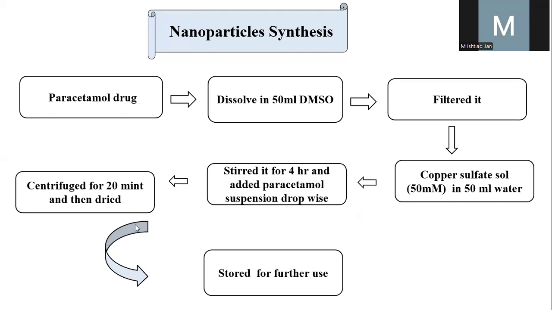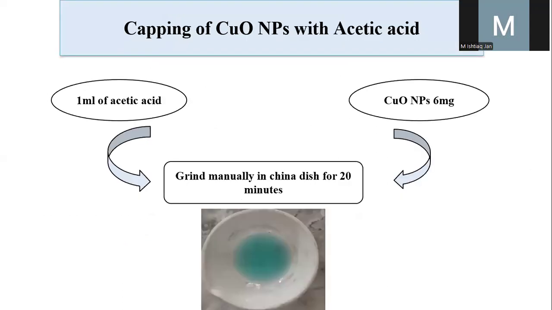Then we stir for 4 hours, and then we centrifuge to collect the nanoparticles at the bottom. We wash these nanoparticles with water and ethanol, and then we dry them in an oven.